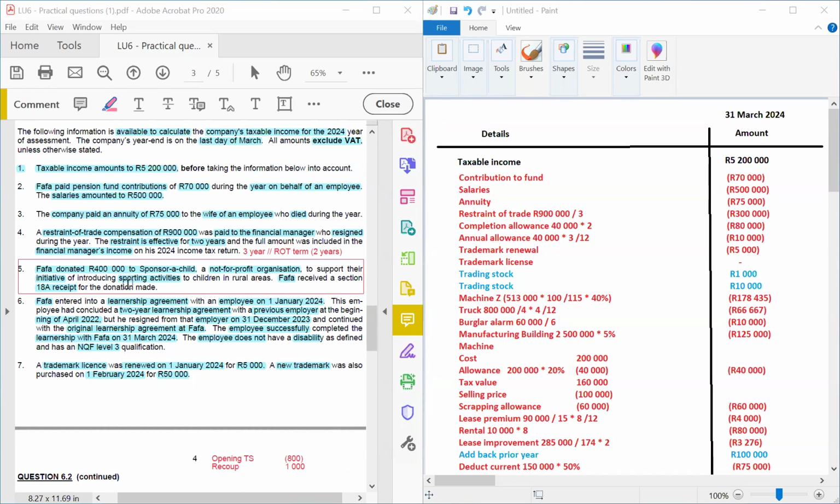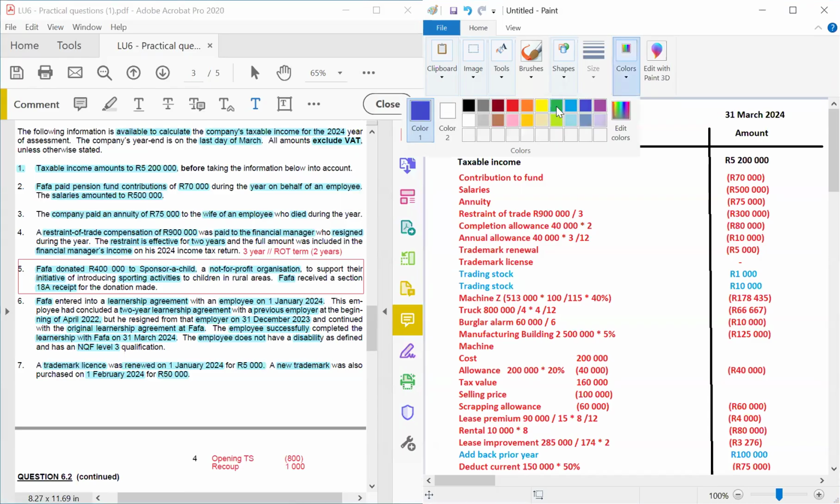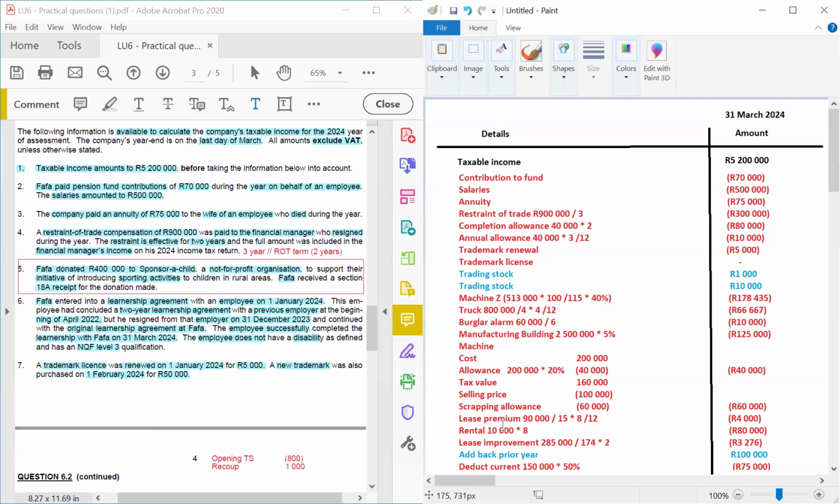Now, in this case, when you're dealing with a learnership agreement like this one, there are two learnership agreements here. The first one was entered into on the 1st of January. So let me just highlight the part that we are talking about. Where are the learnerships? Okay, there they are.